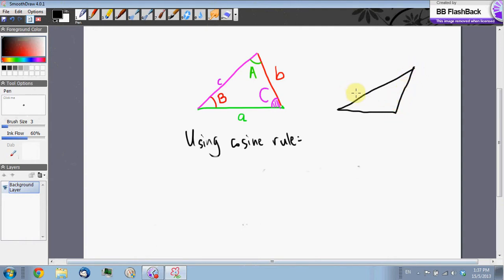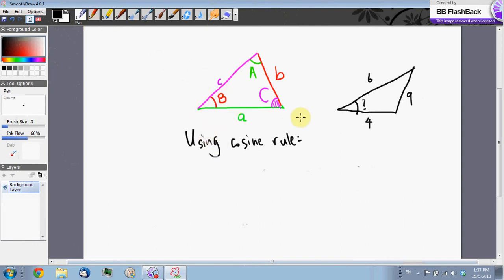Maybe this time you are given this angle, and you're given this length 6 and this length is 4, and you will need to find what this angle is when given maybe this length, 9. In this situation, you still have to use the cosine rule, and this is how it goes.